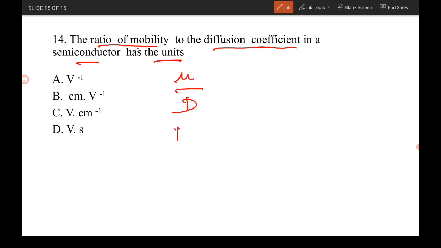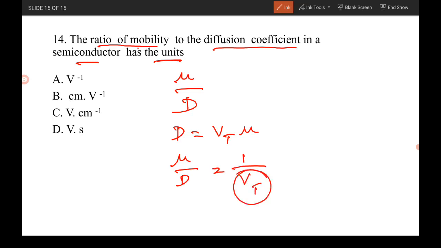So D is nothing but thermal voltage Vt times mu. So we need mu by D. So mu by D is equal to 1 by Vt. What is the unit of Vt? It is volts. So the unit is 1 by V, that is volts, or we can write it as volt inverse. So our answer is option A, that is volt inverse.